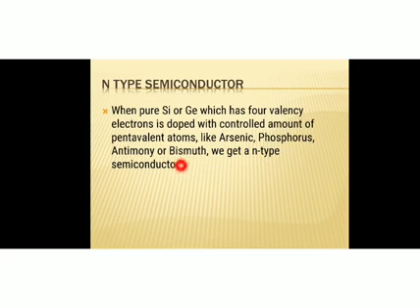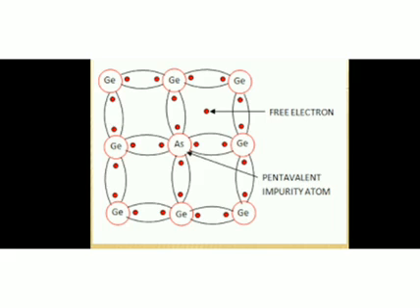Pentavalent means atoms having 5 electrons in their valence shell. And how can we explain the working of an N-type semiconductor?